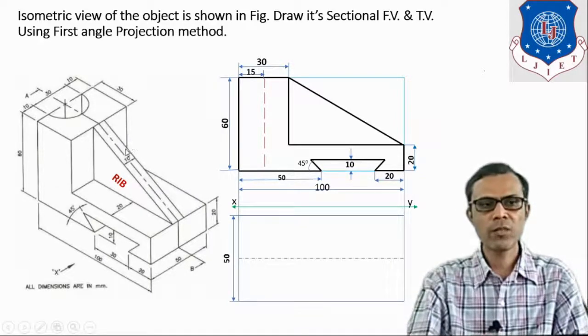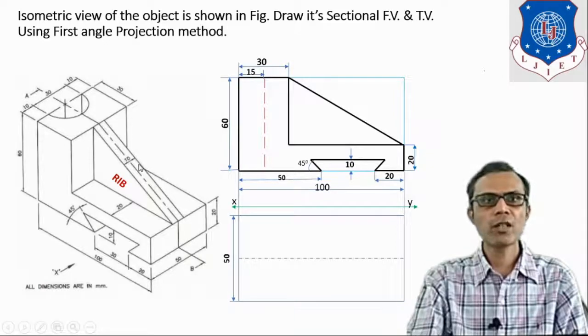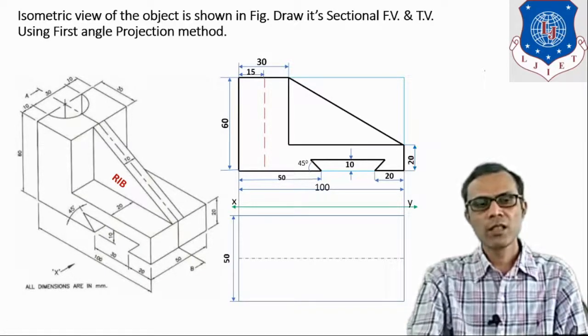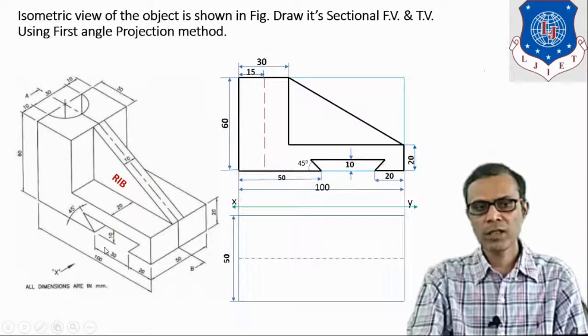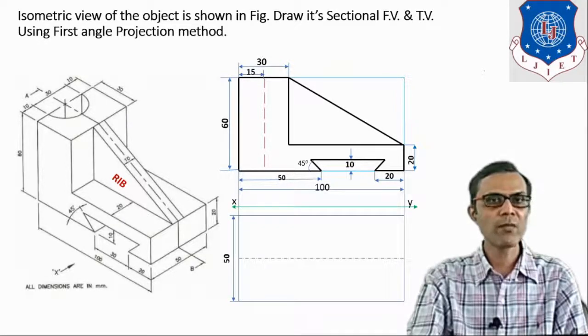Here this rib, its true shape is triangular, but when we look at this rib from the top view direction, it will look like a rectangular strip with a width of 10 mm. So these are the visible details, but this dovetail shaped slot which is cut at the bottom side of the base plate is not visible from the top view direction. So it will become a hidden detail.